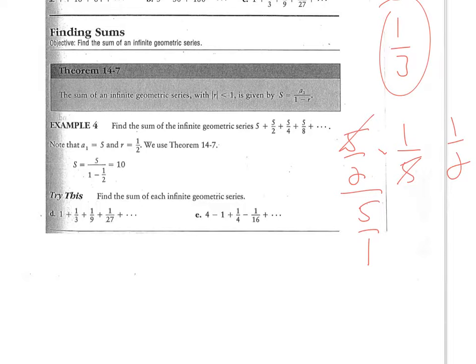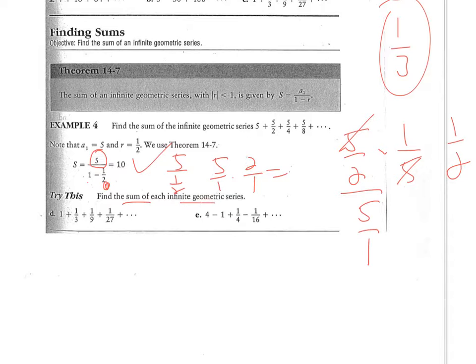And as you can see, you take your first term, put that over 1 minus your common ratio. 5 over 1/2 is going to be the same thing as 5 over 1 times 2 over 1, which is 10.